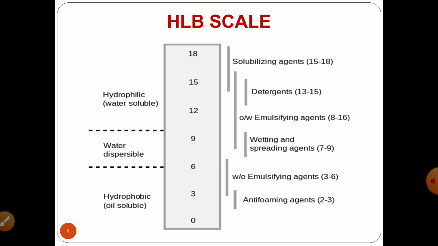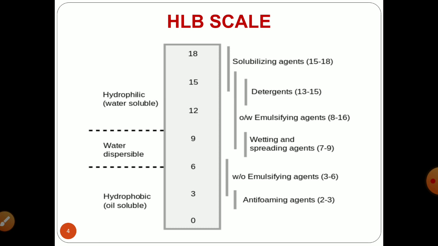For example, a surfactant with an HLB value between 3 to 6 can be used as an emulsifying agent which will give you a W/O type of emulsion, because the lowest HLB value is indicative of its hydrophobic nature, which facilitates lipophilicity. In the same way, if you need an O/W emulsion, then the surfactant should have hydrophilicity, and an HLB value of 8 to 16 is indicative of that hydrophilicity.